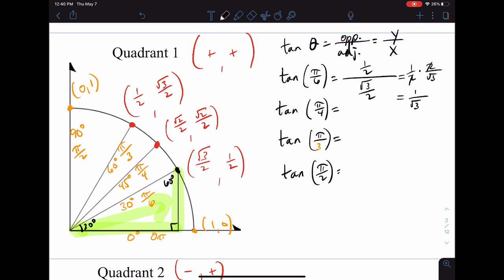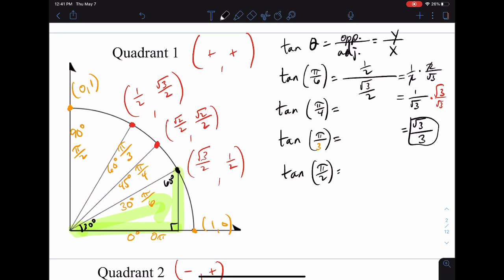You've got to rationalize that, so we multiply by square root of 3 over square root of 3. You're going to have the square root of 3 over the square root of 9, which is positive 3. And there you go.